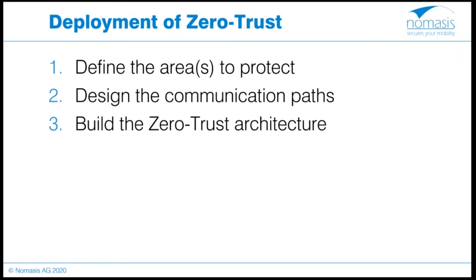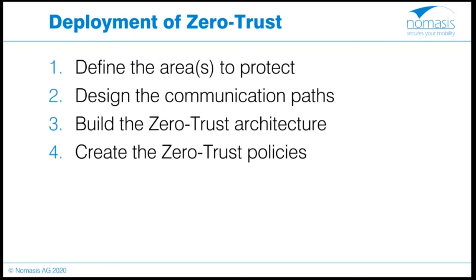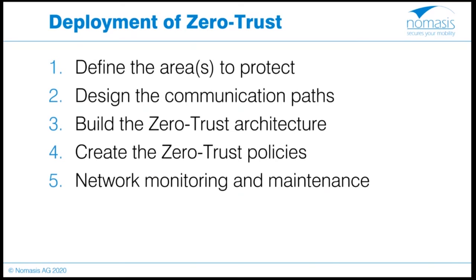Then we start to build up the zero trust architecture, actually. So a lot of planning to do first, and then we can start to build up the zero trust architecture, which will also include the zero trust policies. So the policies that define what context or what prerequisites have to be met to access the data. And we have to set up network monitoring and maintenance.